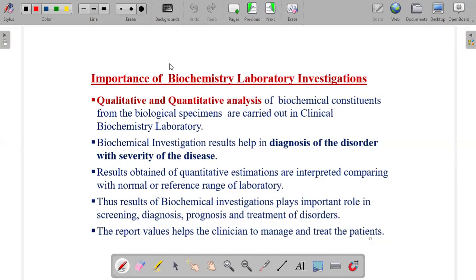So qualitative analysis is the analysis you're going to be doing that won't be involving numericals, isn't it? So for example, we are testing for proteins, right? We use, I don't know, is it the Benedict solution, right? So we see the color change.